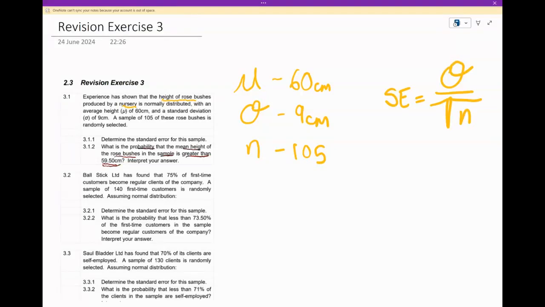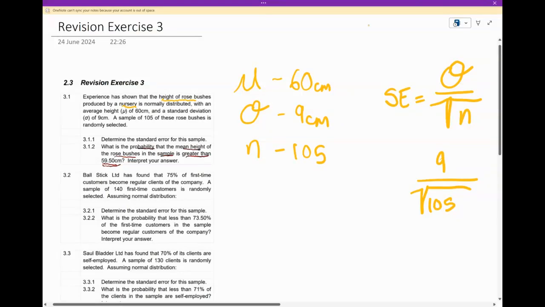It changes depending on whether we are working with population or with mean. Here we're working with mean. So we've got our standard deviation, which we know is 9, and we know that our n is 105.